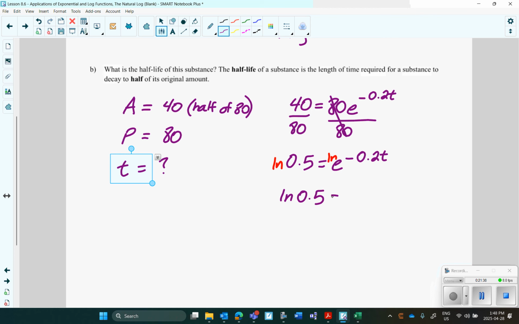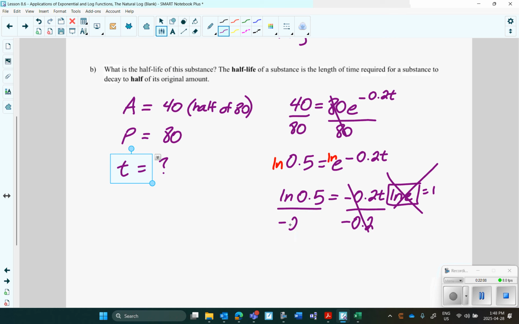So I get negative 0.2 t times log e. That equals 1, which means it can go. Divide negative 0.2.